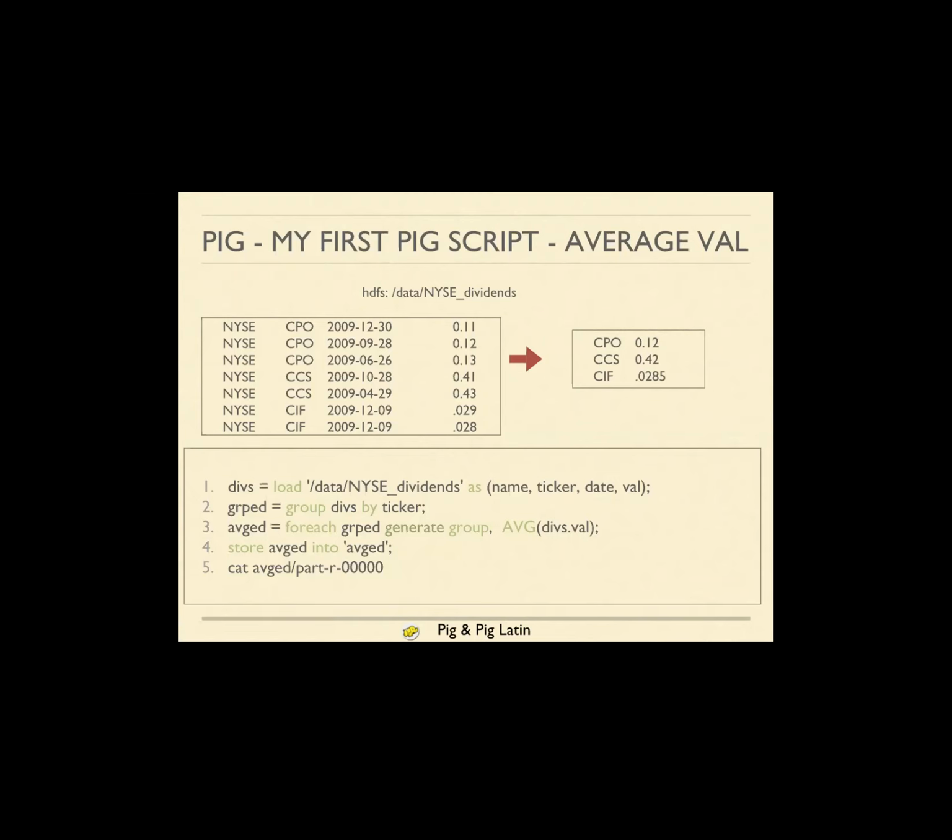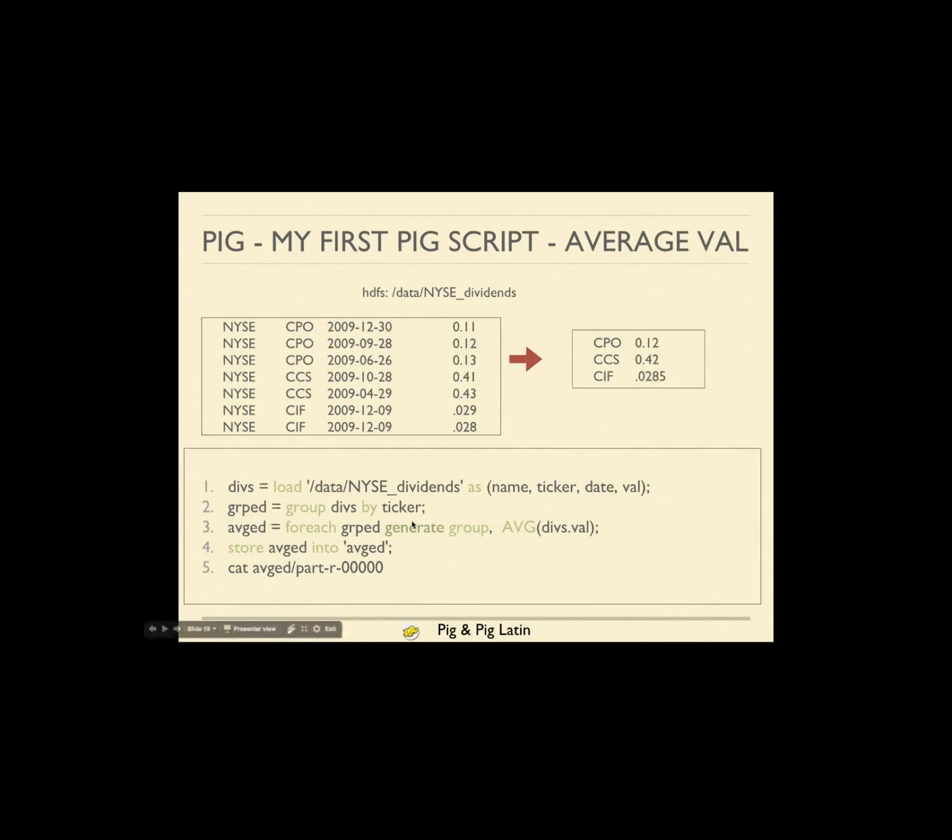Similarly, when we said grouped equals group something, nothing much happened. Until we reach step number 4, nothing much happened. Every statement just returned as soon as we pressed enter, and it moved to the next line.